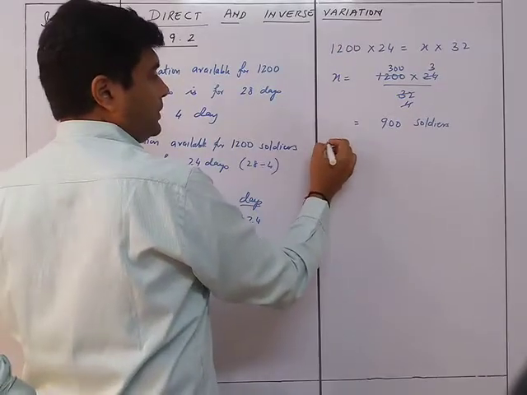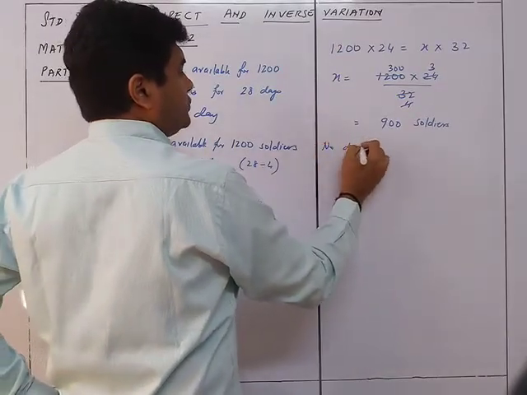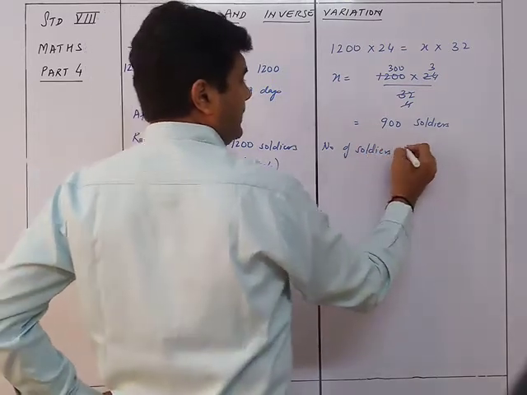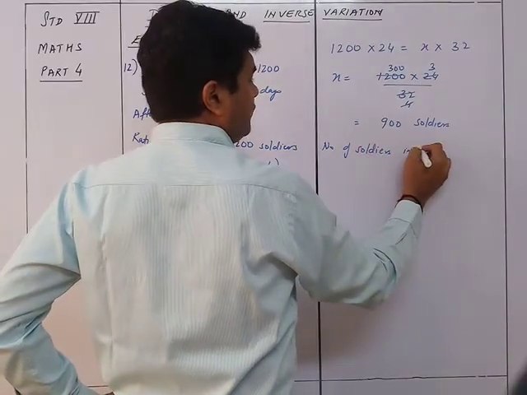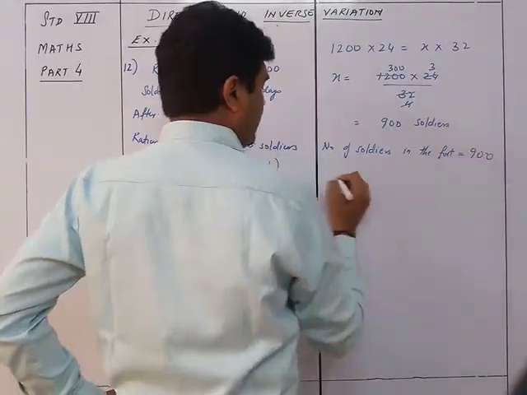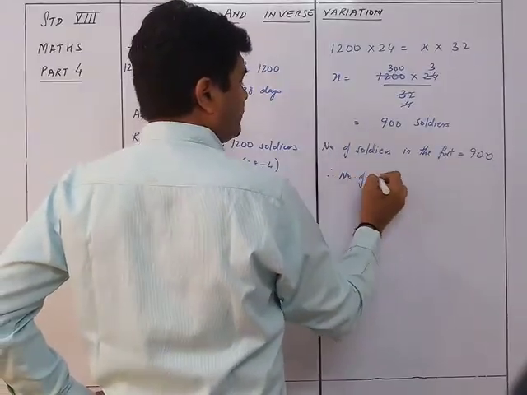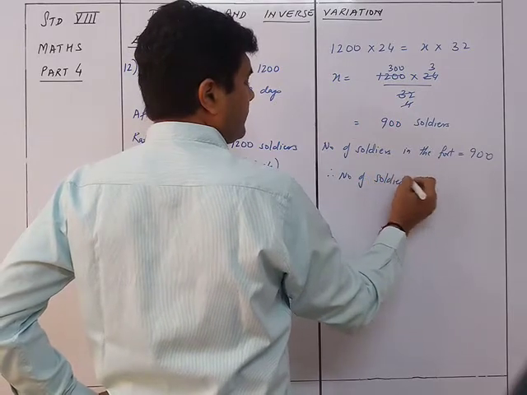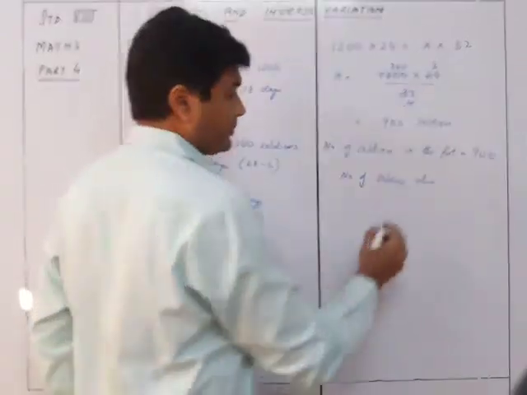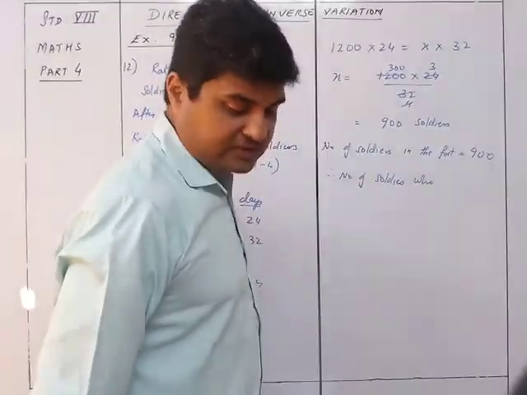So the number of soldiers in the fort is equal to 900.